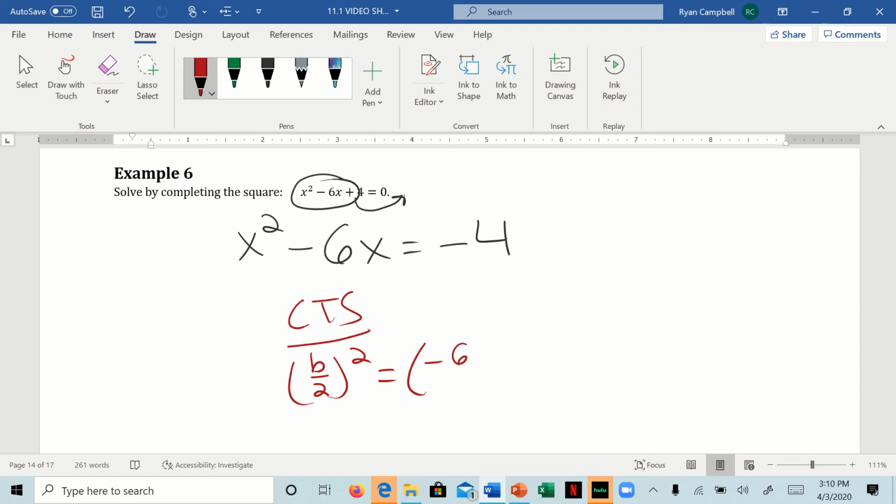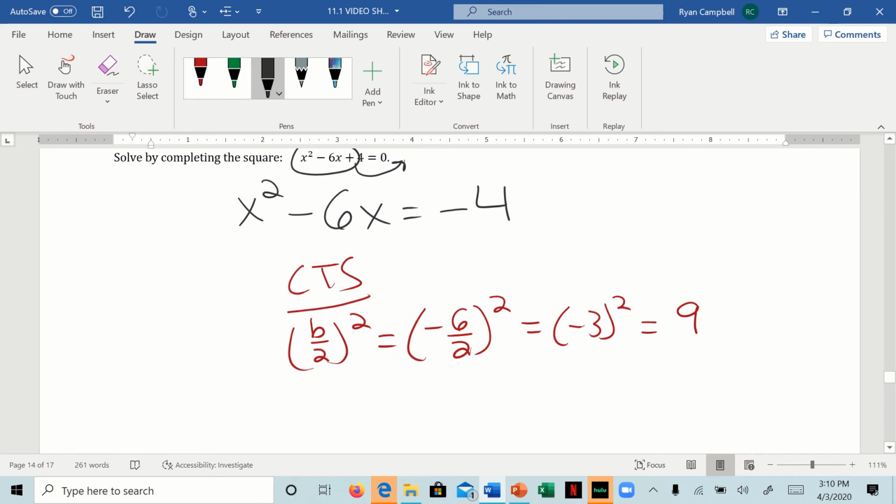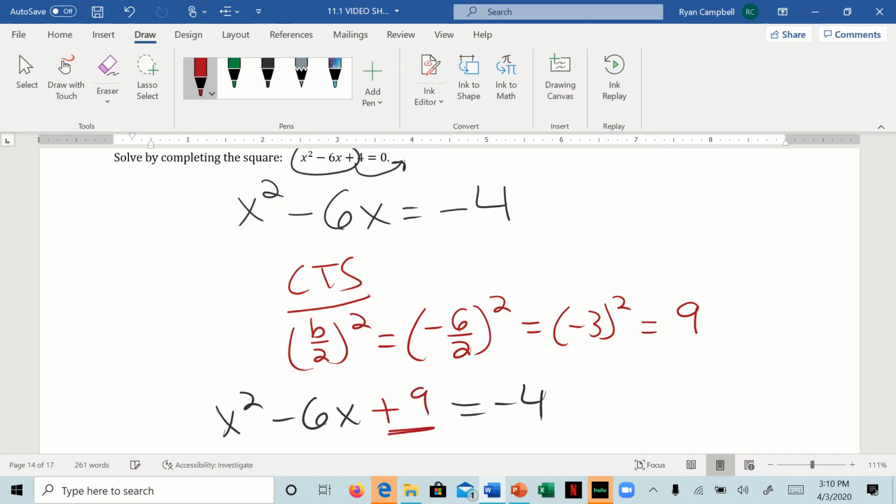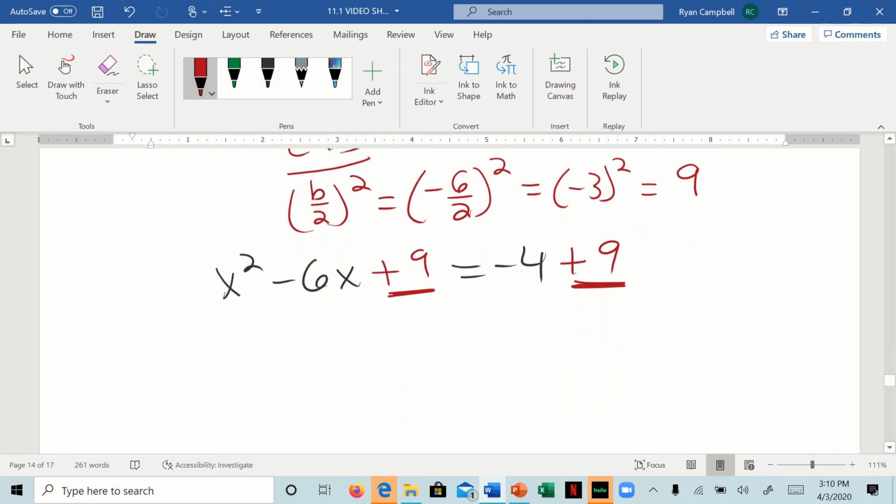In this case, it's -6 divided by 2 squared. -6 divided by 2 is -3. -3 squared is 9. So step 2, you want to add 9 to both sides of your equation. Adding 9, adding 9. Making sure to add 9 to the right side is actually going to make you be able to do this problem.